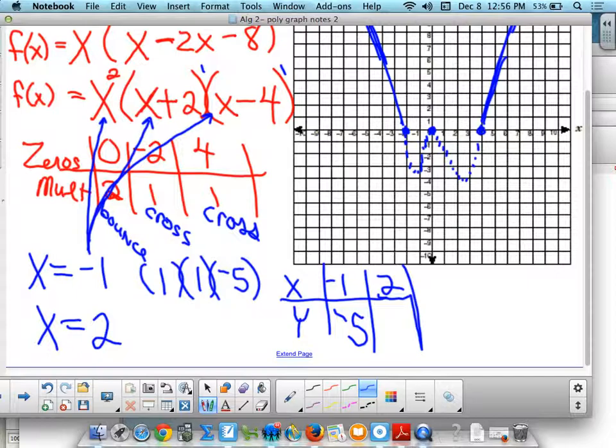It's -5, right? Put 2 in here. 4. Put the 2 in here. 4. Put the 2 in here. -2. Multiply. -32. There.